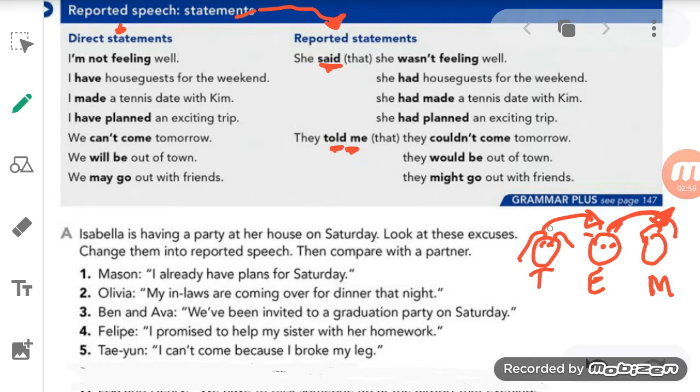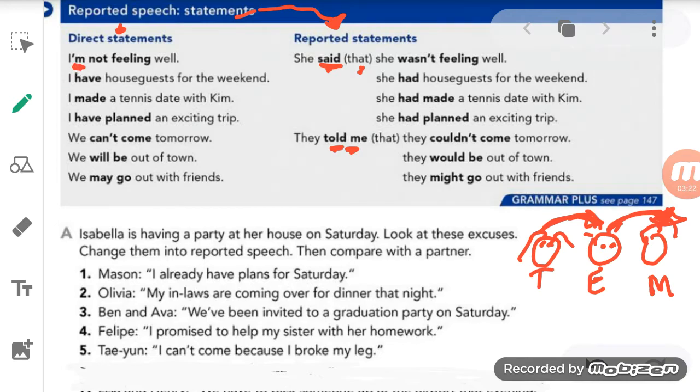I am not feeling well, said Adorlis. And then Esperanza repeated that to Marlene, and she said, Marlene, the teacher said that she wasn't feeling well. If you observe, the direct statement is in present.